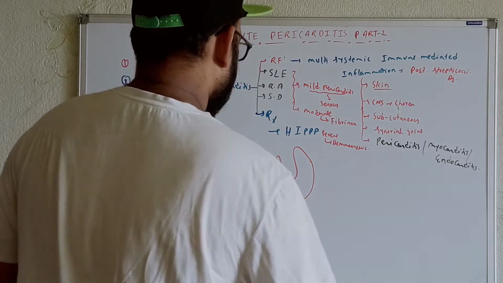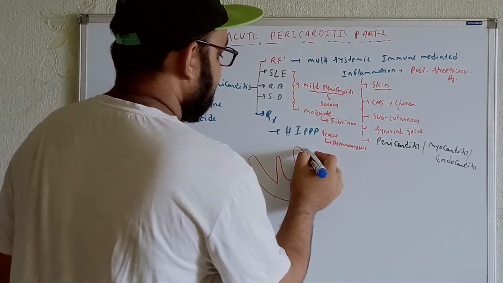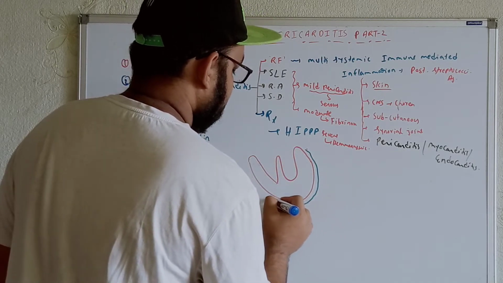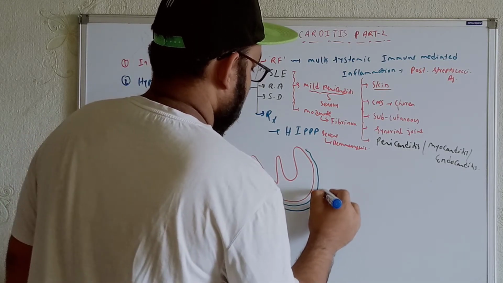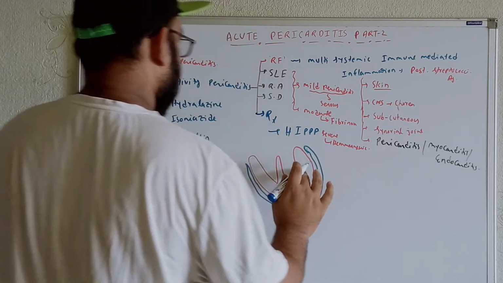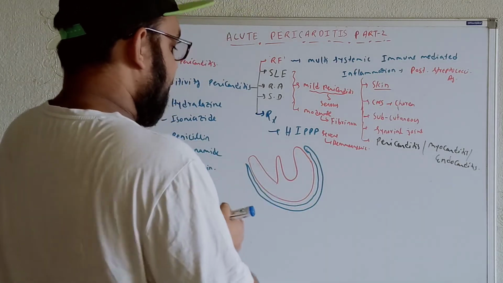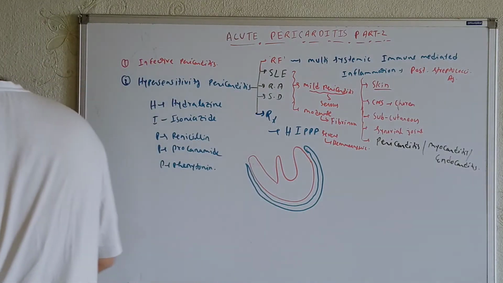Now around it we will get the pericardium, right? The pericardium and the inner structures. For example, I am just considering this is the myocardium, this is the endocardium, and the outermost layer is the what? Epicardium, right? You know it's epicardium.